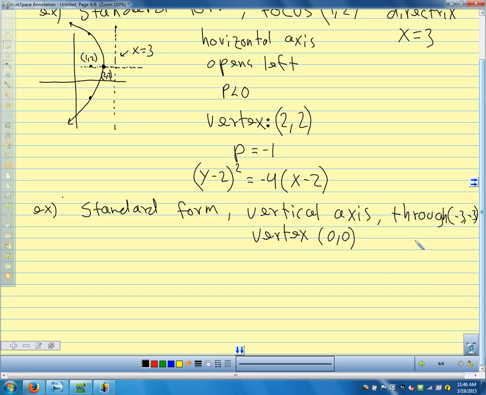All right, so we have several pieces of information to work with here. The vertical axis, what does that tell us? It has to open up or down. So which part is squared? X is squared. We know the vertex. So what part of our standard form does the vertex tell us?